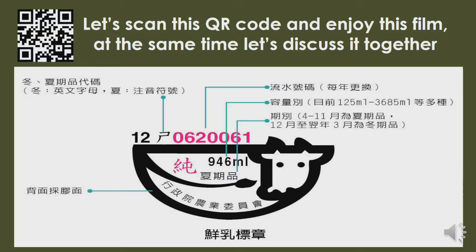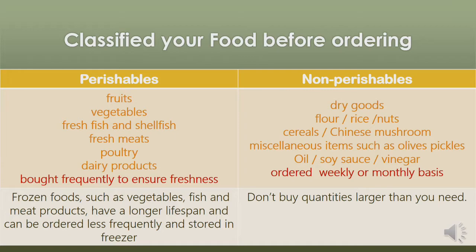If that is the Taiwan's purple month, that is for the summers, and then the rest of the numbers will be changed every year, and that is 946 ml. That is for the balance. So it's got a lot of kinds. Also there's a cow on the top, for the Council of Agriculture, Executive Yuan.